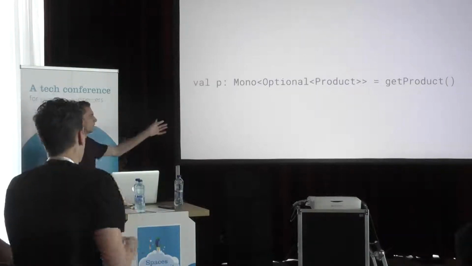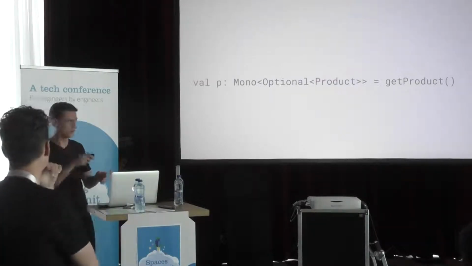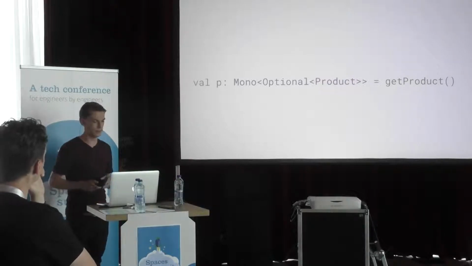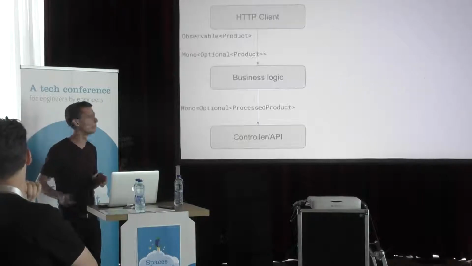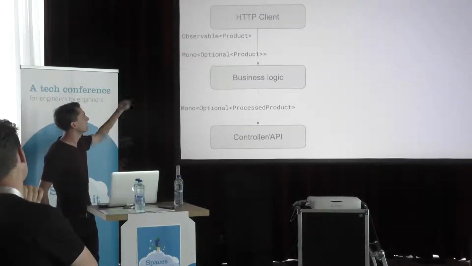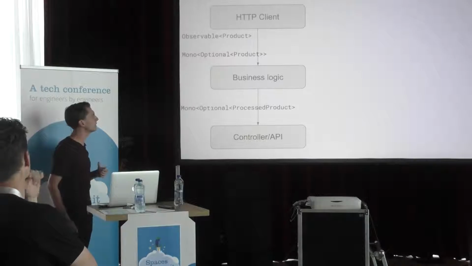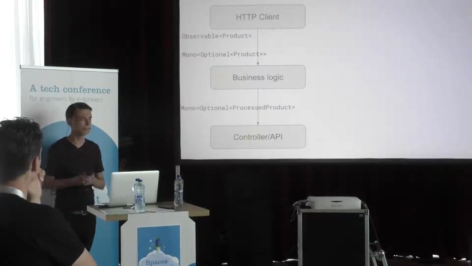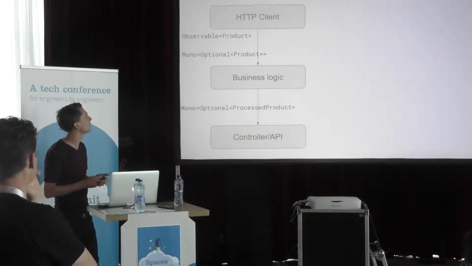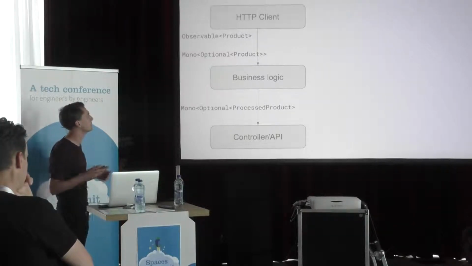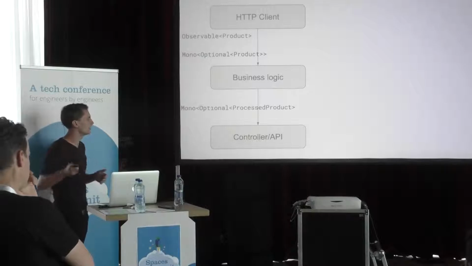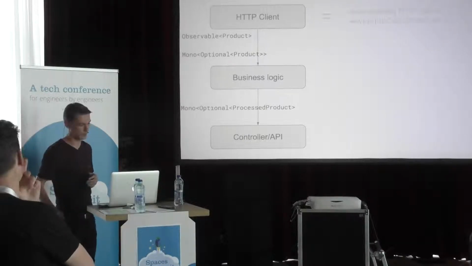We can change this by adding an Optional in the reactive type. It's not really pretty, but it's the most pragmatic way to do it. So what does the stack look like in the end? We have our HTTP client producing this Observable type because of Hystrix reasons, and we convert it to this Mono Optional, and we return it to our API.